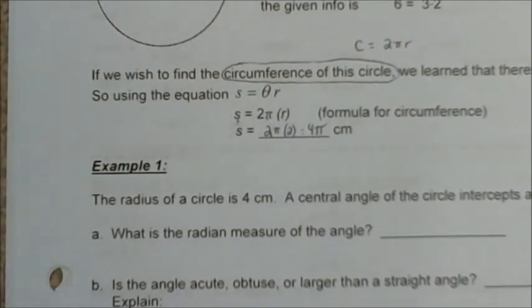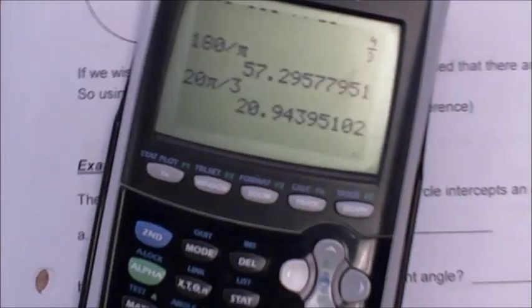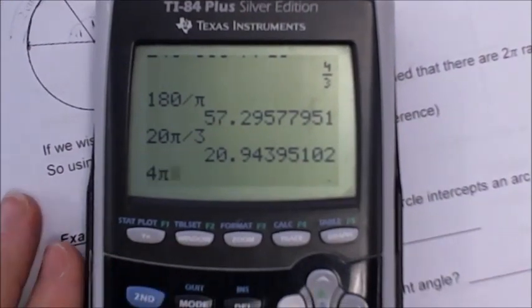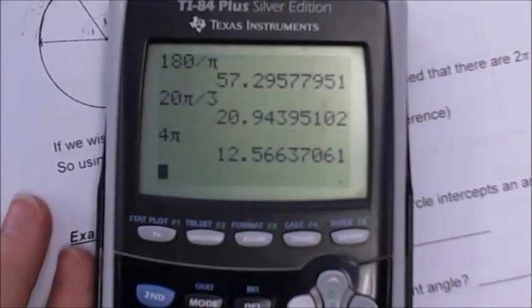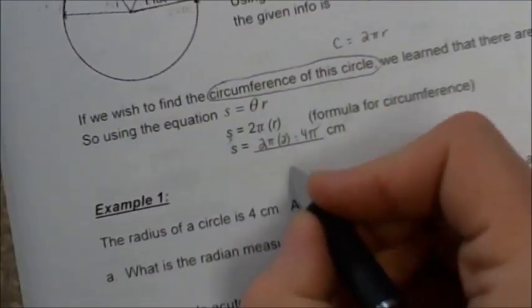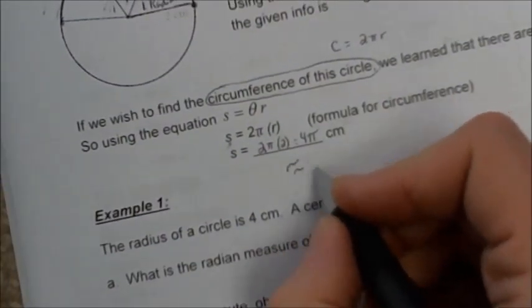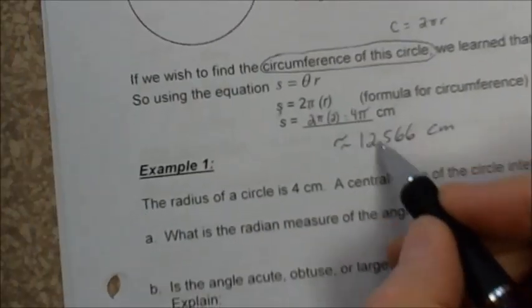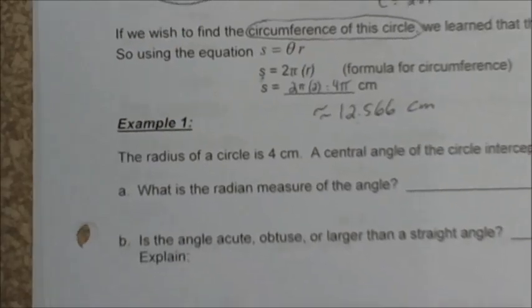And if you wanted to figure out exactly how many centimeters that is, you can just press on the calculator 4 with a little pi after it. So 4 pi is about 12.566 centimeters.